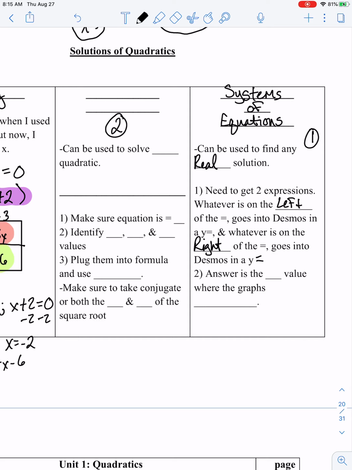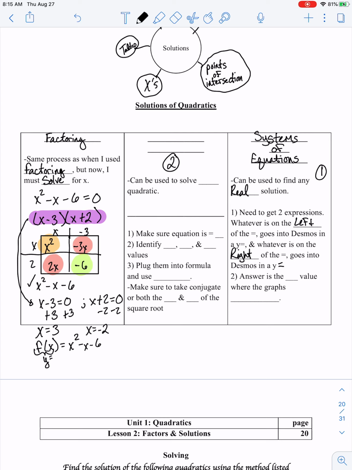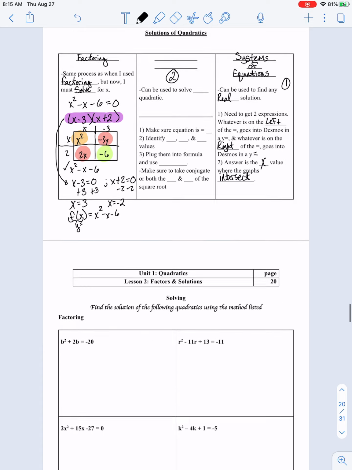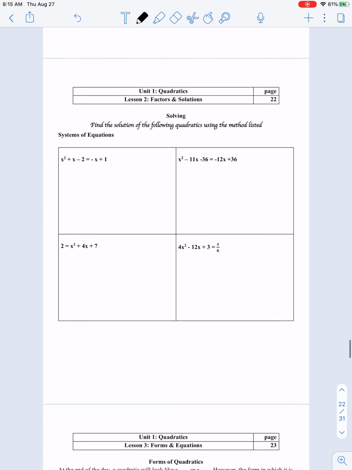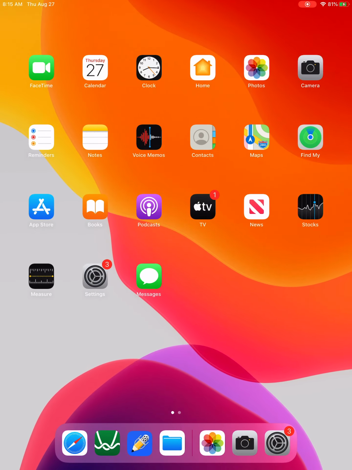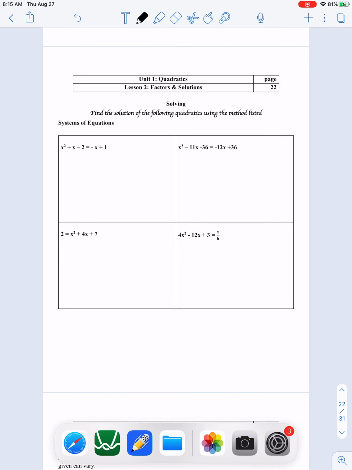The answer, right, we just talked about solution, is your x value where the graphs intersect. And that's all there is to solving systems now in Math 2. So I'm going to go to page 22. I'm actually going to pull up Desmos.